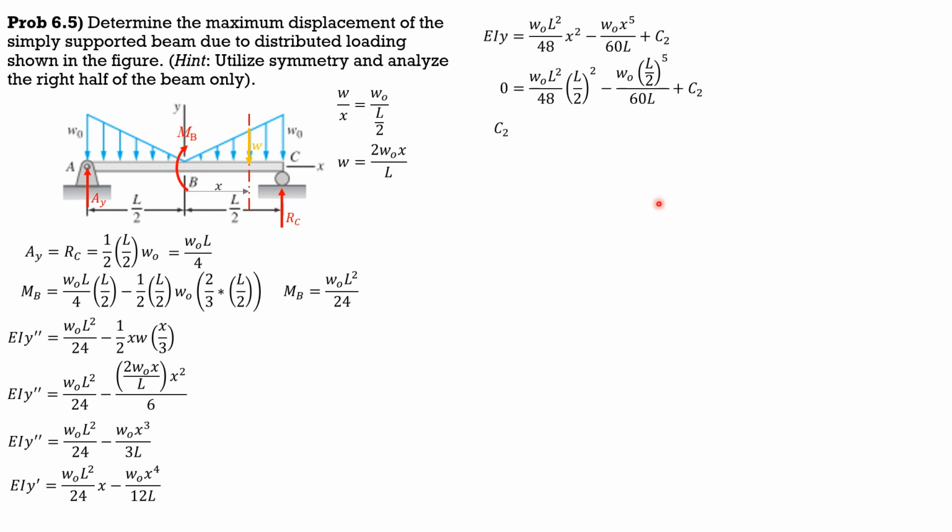Solving for C_2, C_2 is negative 3/640 W_O L⁴.